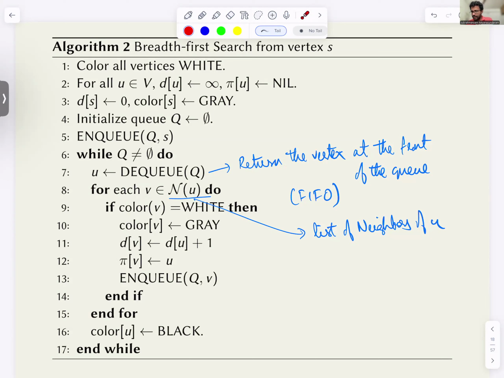What is the running time of this algorithm? How much time does it take? Let's see step by step. How many times is the enqueue function called?